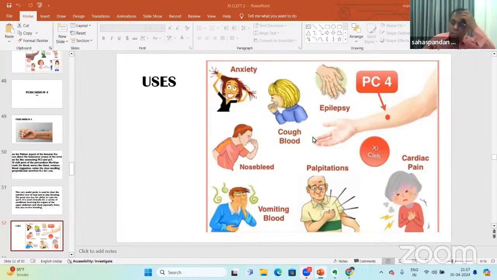So this problem is night sweat. If patients come to you complaining, doctor, I'm suffering from sweating in the night, focus on heart blood deficiency and heart chi deficiency.